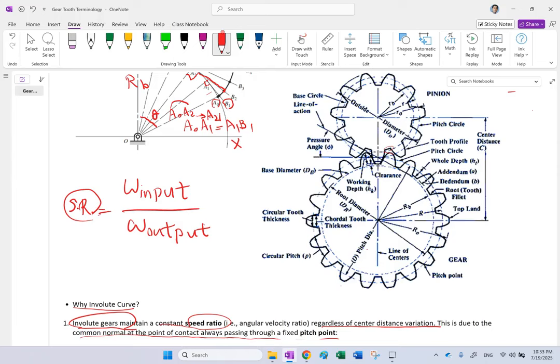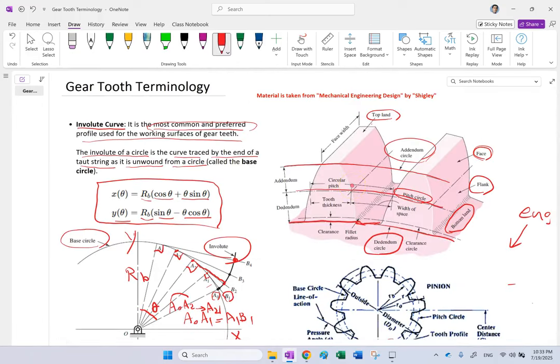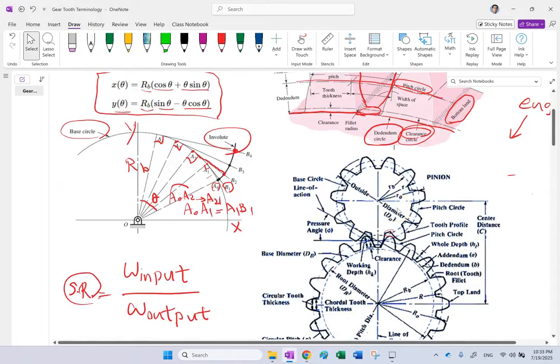Sometimes it reaches some very minimum below which it never goes, and that one is what we call the clearance circle. So clearance is basically the maximum depth that the tooth of the matching or engaged gear comes inside, and it will never pass that small gap. And that small gap itself, we just call clearance. Okay, so there will always be a gap between them, and there should be, otherwise they will hit each other and they will be jamming.